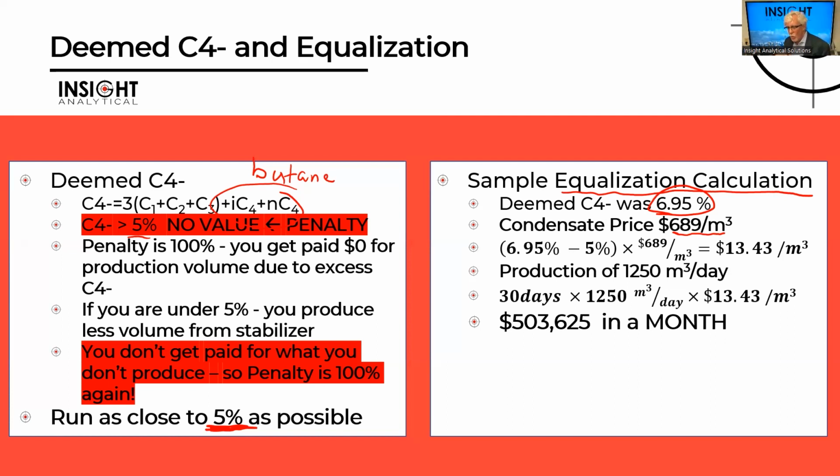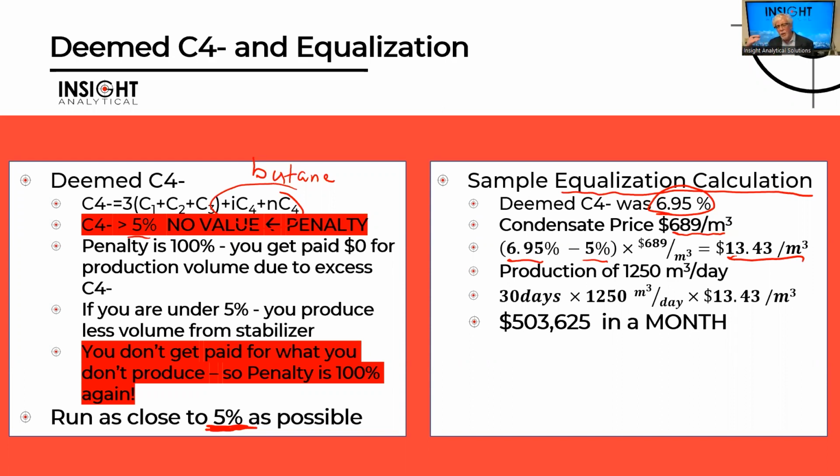So we can then calculate how much their penalty is. They were 6.95%. We subtract the 5% they're allowed off. They're 1.95% over. Multiply that by the $689 per meter cubed. Comes out to almost $13.50 a cubic meter.